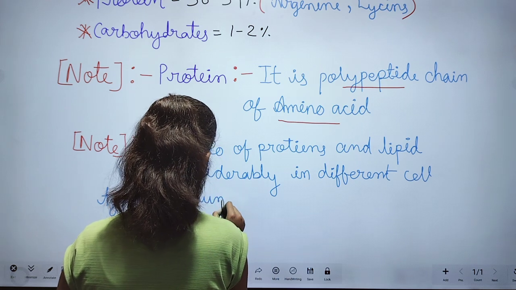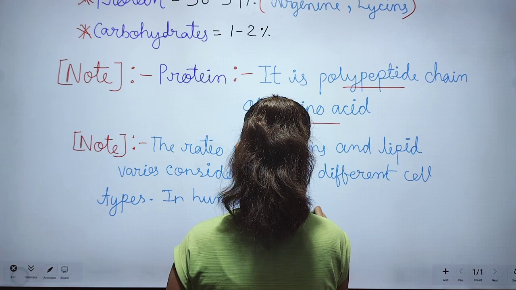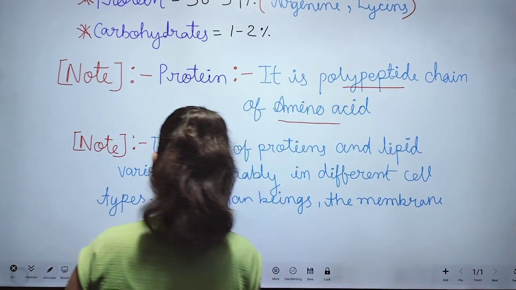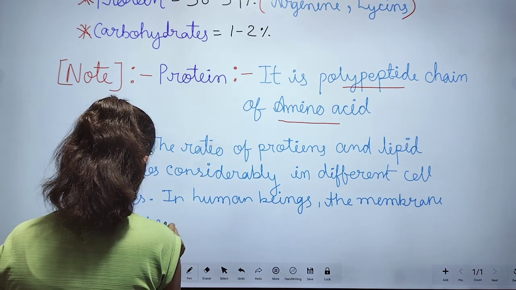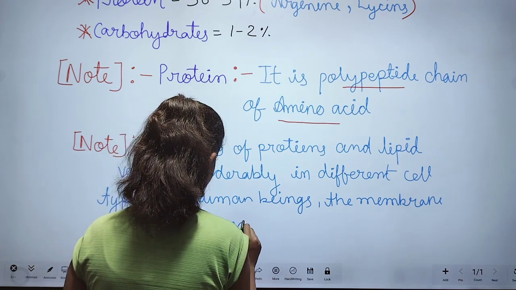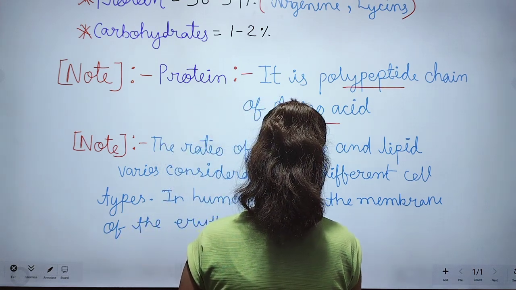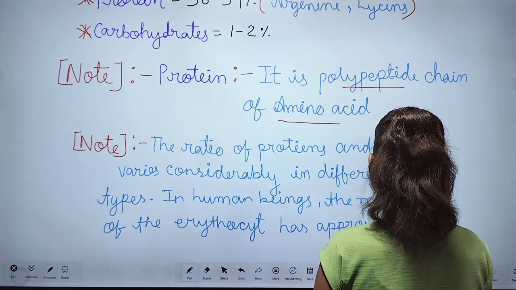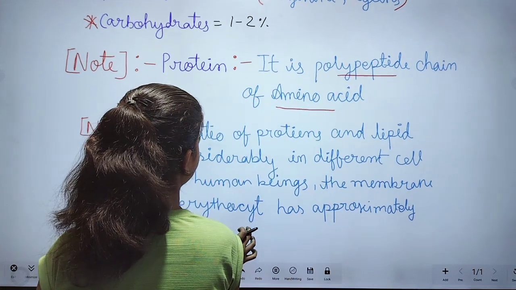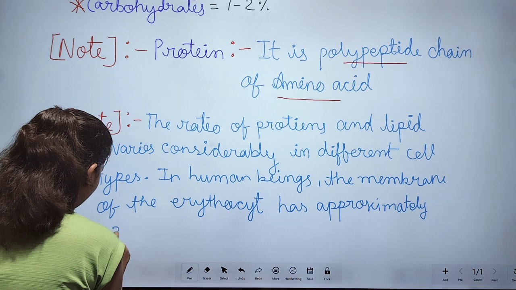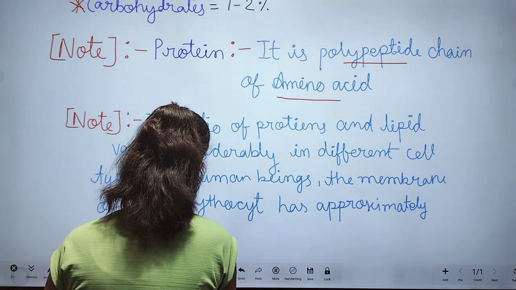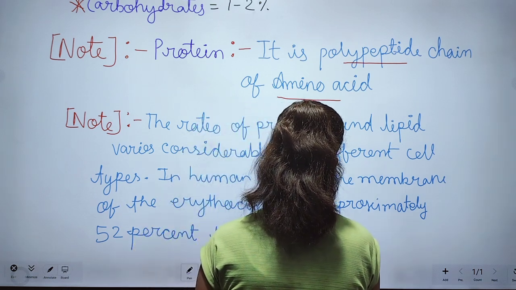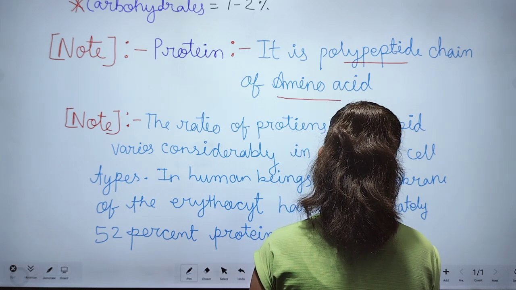Okay, and in human beings, the membrane of the erythrocyte has approximately 52% protein and 40% lipid.